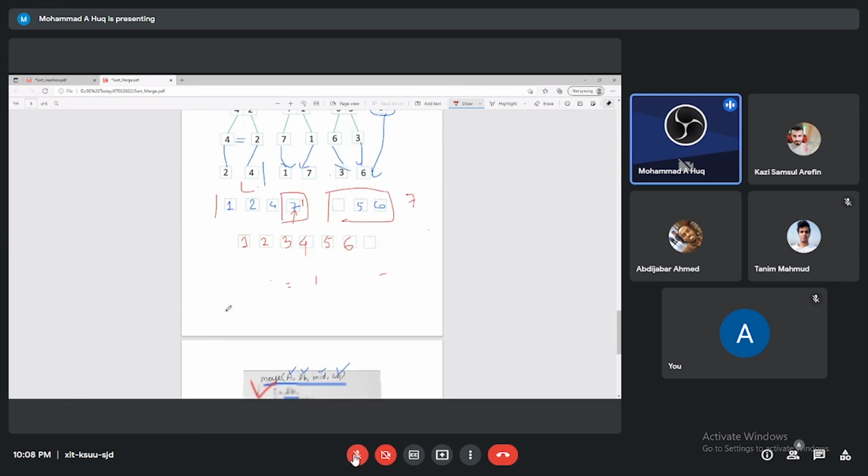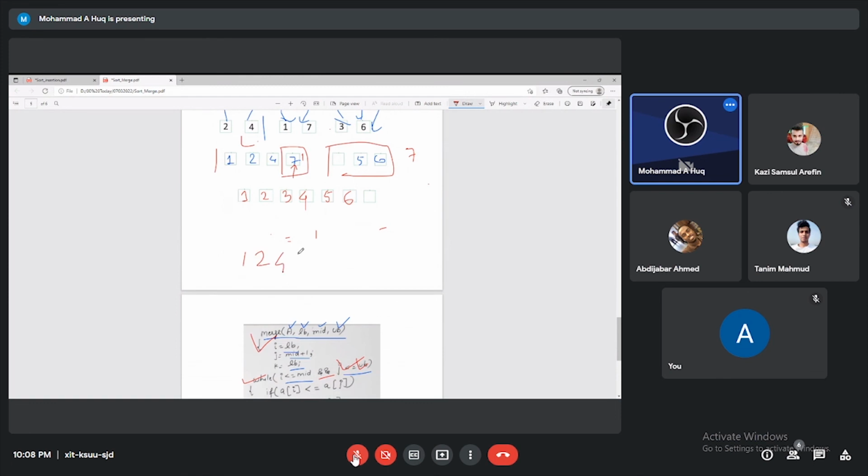Suppose you have 1, 2, 4, 7 and you have extra items here, 8 and 9, still waiting. Then what do you have to do? Suppose from your right array you have copied almost everything, so you don't have anything left in the right array, and your marker in the left array is in such a position.